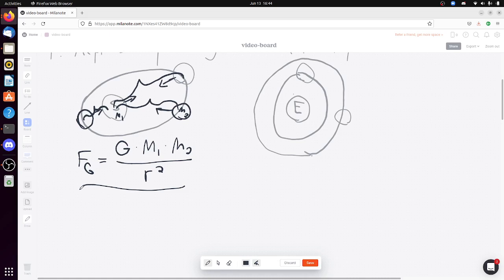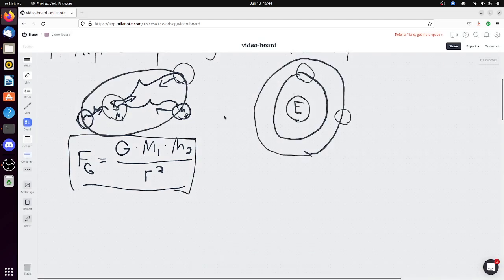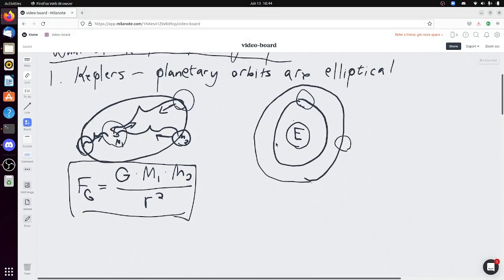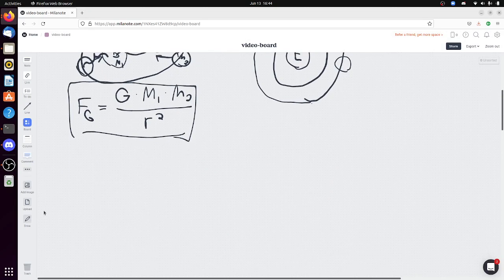If you take that on faith, then you will actually get the elliptical orbit that is observed in reality. That's a big deal. That's definitely progress. So that's the first thing: basically Kepler's laws, explaining planetary motion with his force equation, his law of gravity.